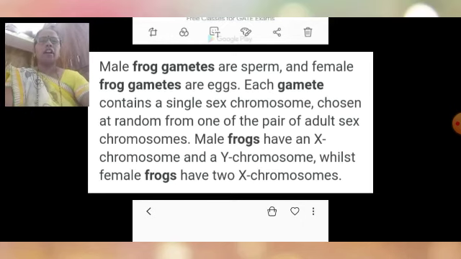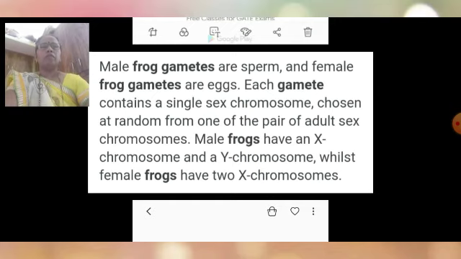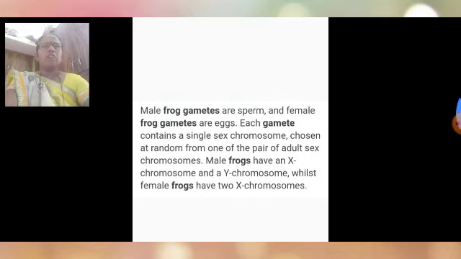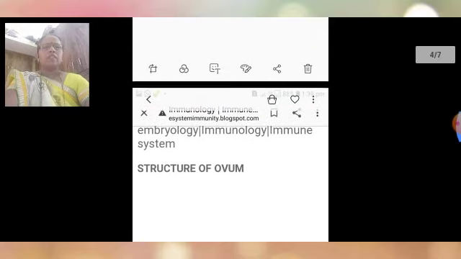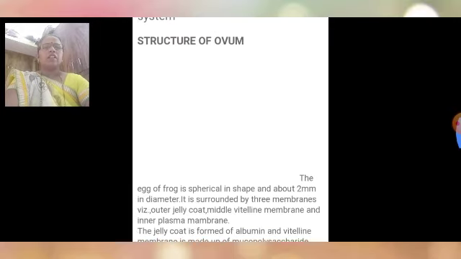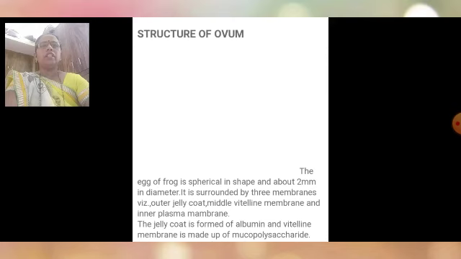Male frogs have an X chromosome and a Y chromosome, while female frogs have two X chromosomes. Generally, the male gametes form the sperm, and the female gametes produce the eggs.